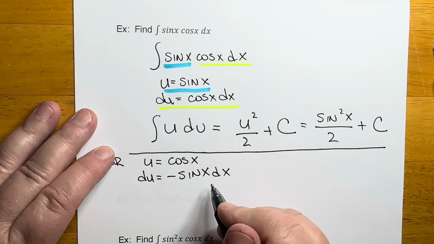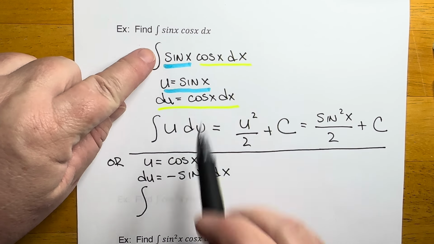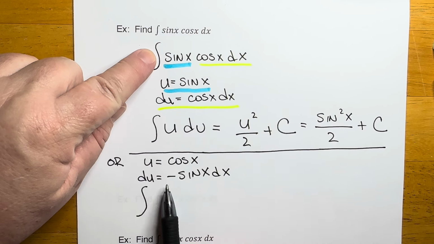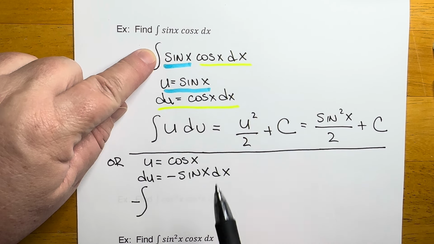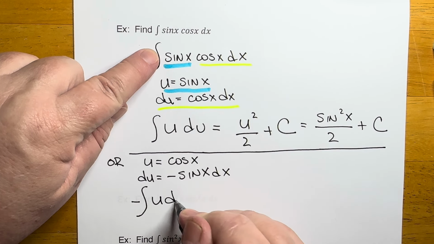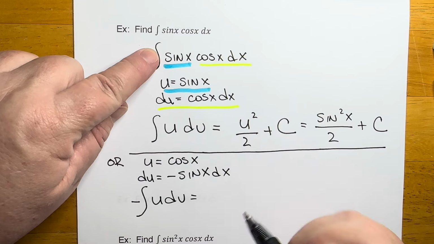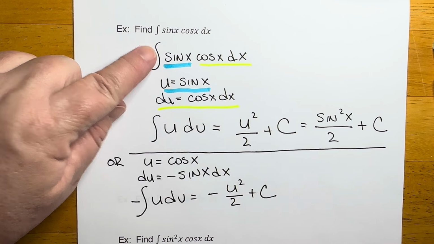If you set it up this way, then your integral is going to be the sine x and the dx, but it's not the opposite of sine x dx. So you have the opposite of u du, which again is going to give you u squared over 2 plus c.